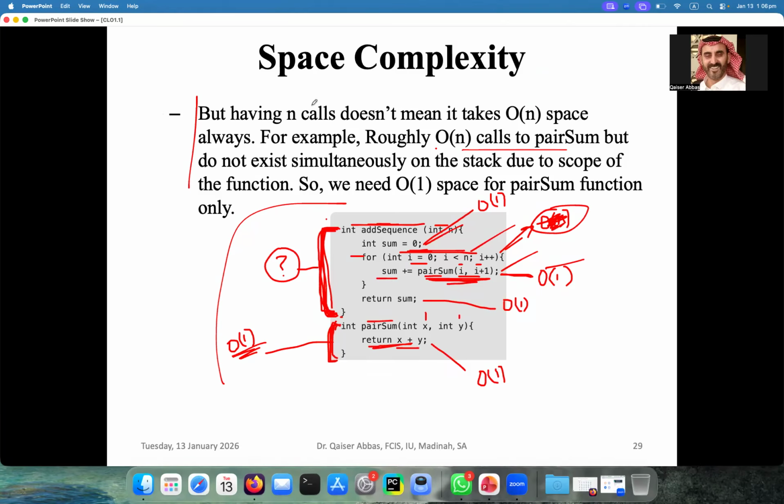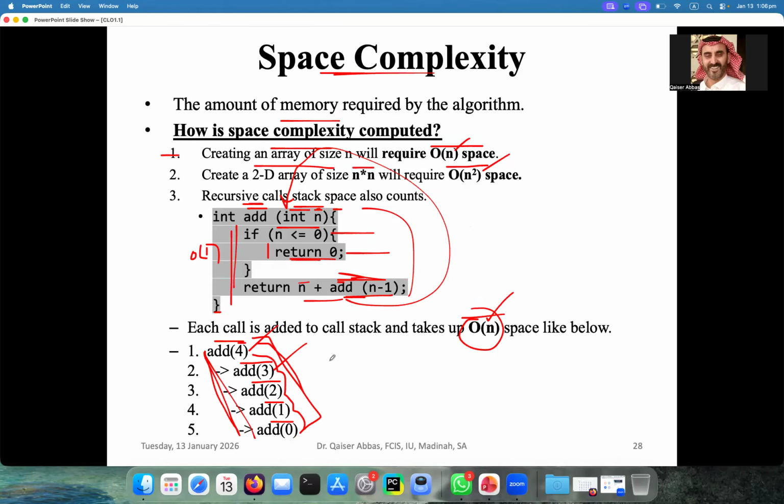I can say here, the complexity that you are calculating here, normally if in your algorithm there is a recursion, then the recursion lies in the category of auxiliary complexity.